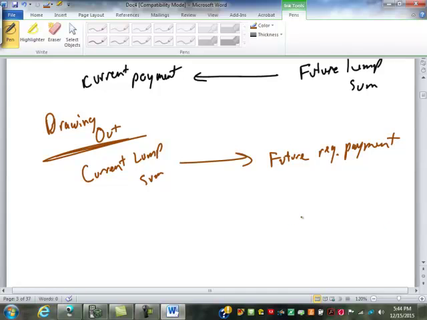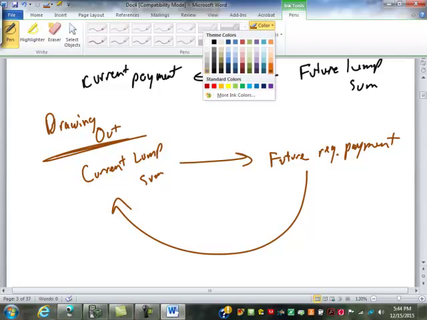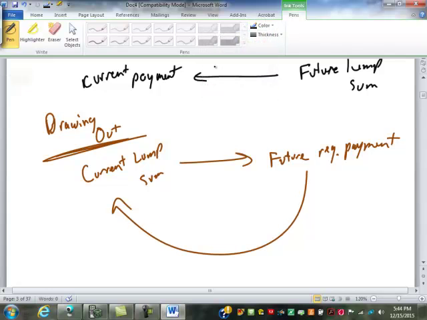Or the other way is to know the future regular payment desired and go back and figure out what that necessary lump sum is. Remember, this one has that little extra factor in it that we have to put into it. And I'll show you that when we hit an example.